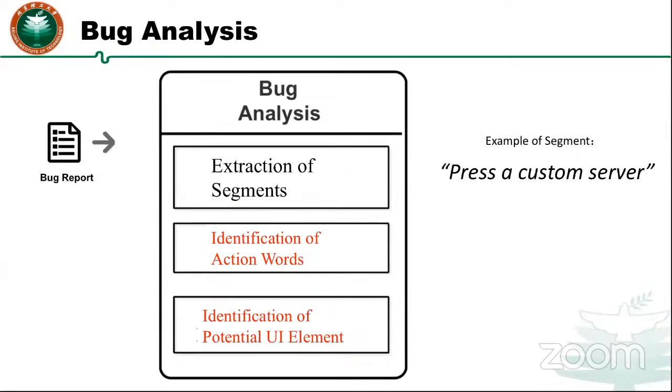For each of the resulting segments, we leverage NLP techniques to identify the action word and potential UI elements. For example, from the segment "press a customer server", we should identify the action word "press" and its potential UI element, "a customer server".